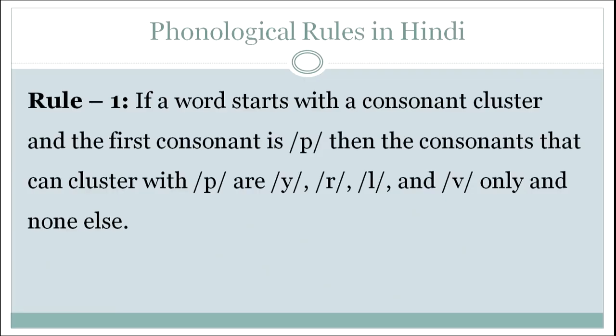So if I take an example of one word which is payal, then immediately P is a consonant sound, pa, and then is yel. So pa yel. The y sound is coming.